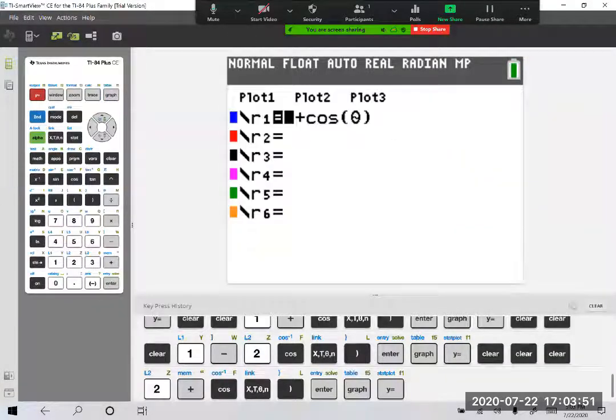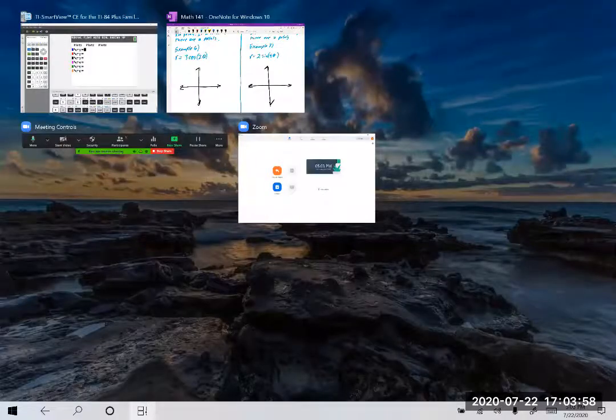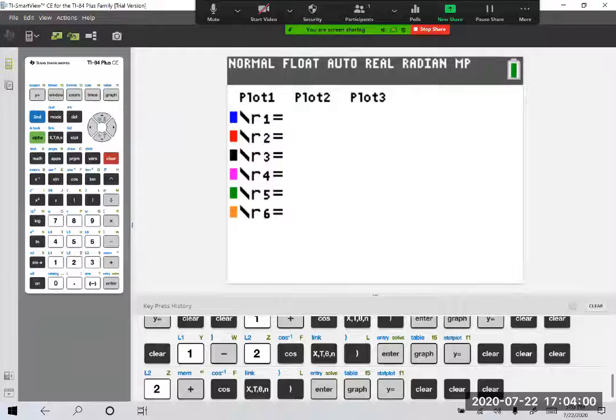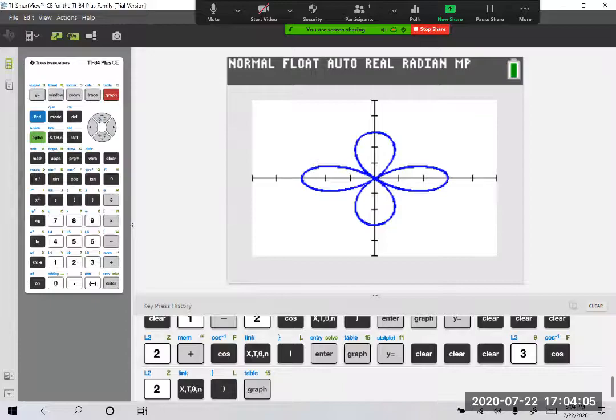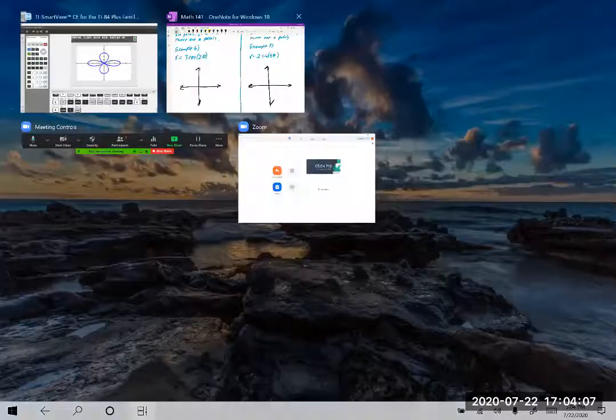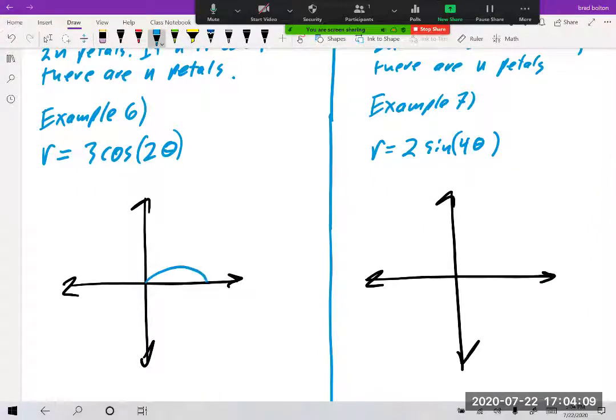So we're going to go y equals, what did I say? 3 cosine 2 theta. So 3 cosine 2 theta graph. And we get the rose petal from the beginning, very similar to the one we did before.